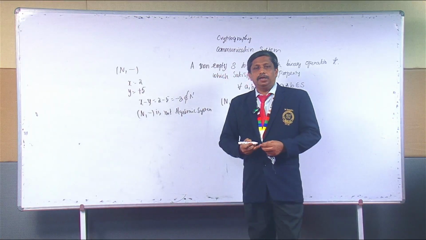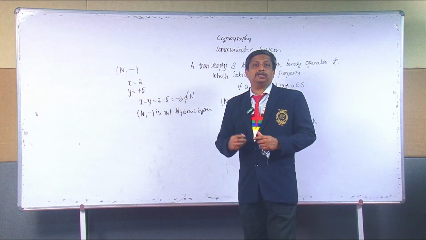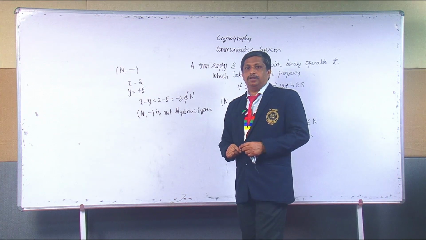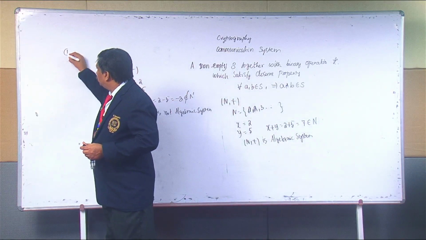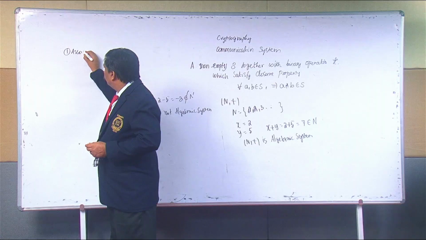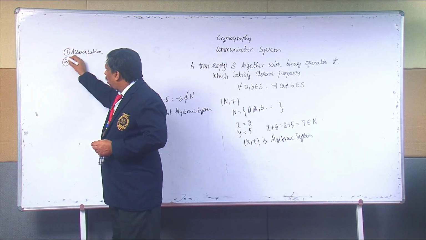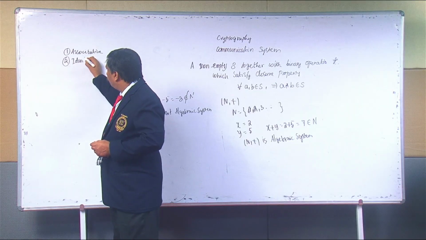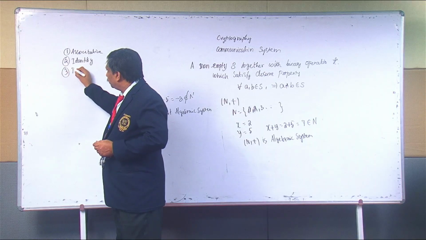Next, based upon the properties of an algebraic system, we can define some other properties. One, associative property. Second, identity property. Third, inverse property.